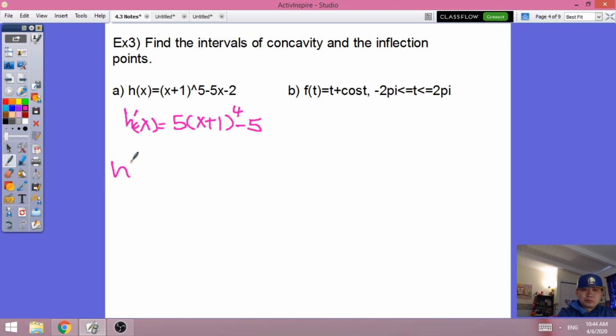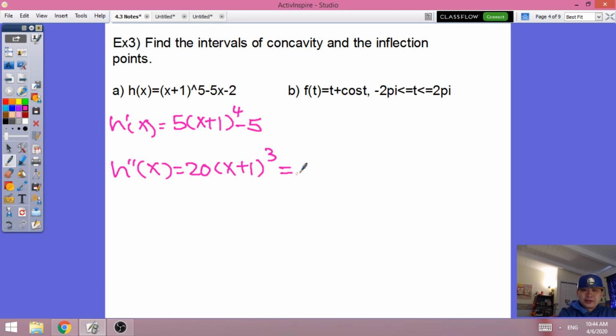And then h double prime of x. By the way, this one is h prime of x. Sorry about the handwriting, the pen sometimes is not that stable. For the second derivative, we have 20 times x plus 1 to the power of 3. What I'm doing here is using the power rule again, along with the coefficient rule.